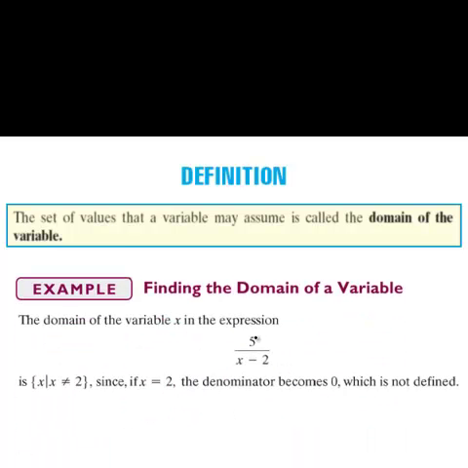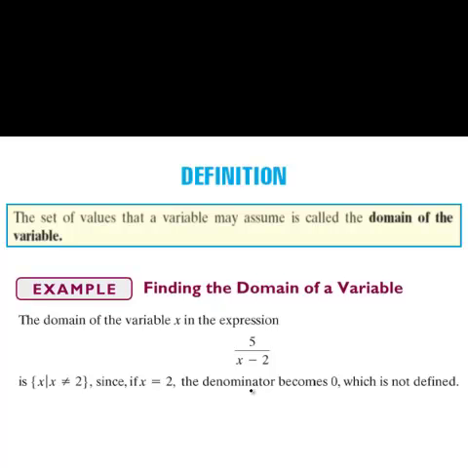So for example, 5 over x minus 2. Now we know that fractions are undefined when the denominator is equal to 0. Now x minus 2, you see there in the denominator, is 0 when x is equal to 2. So when x is equal to 2, this expression is undefined.